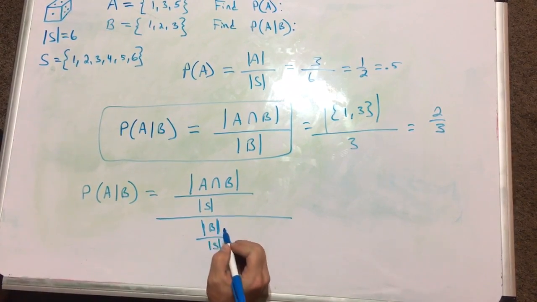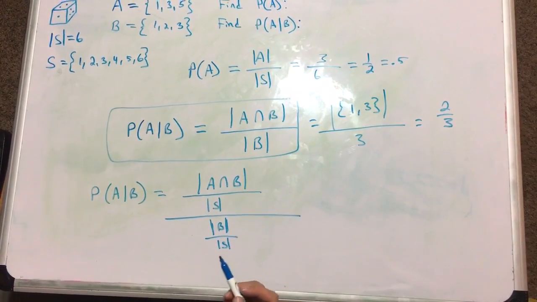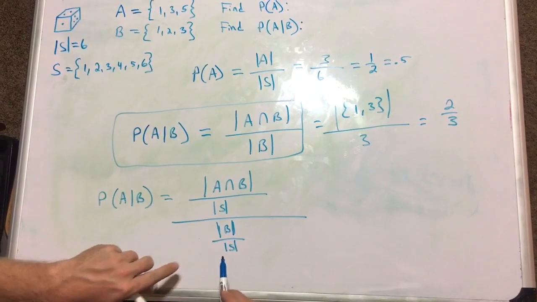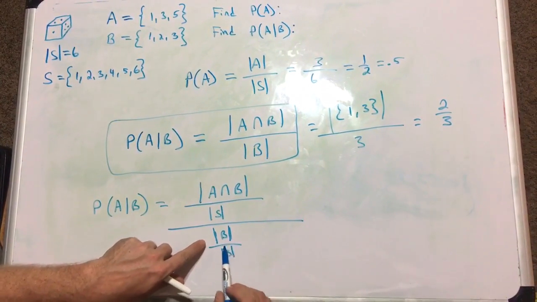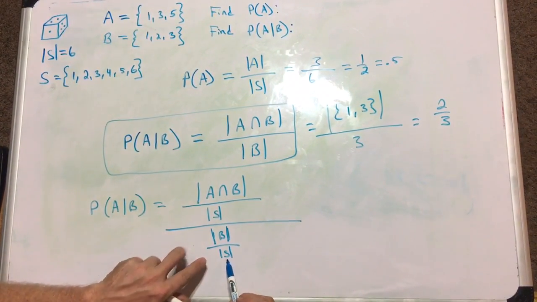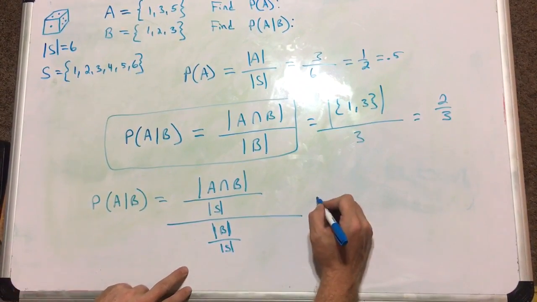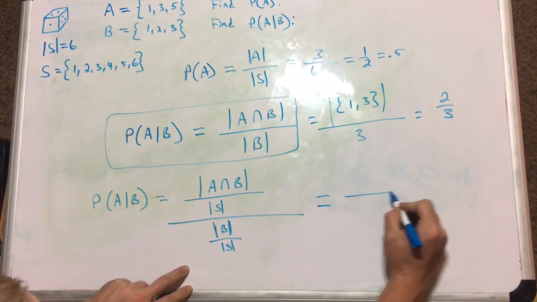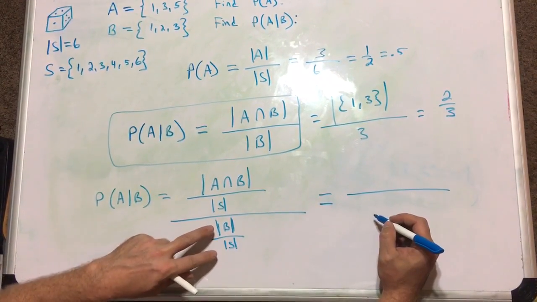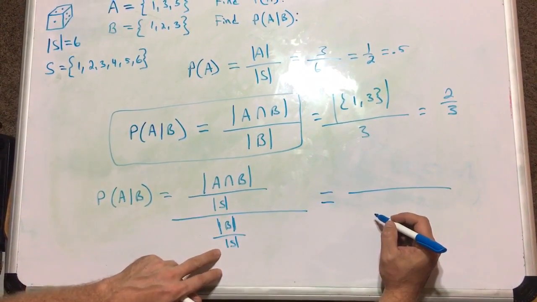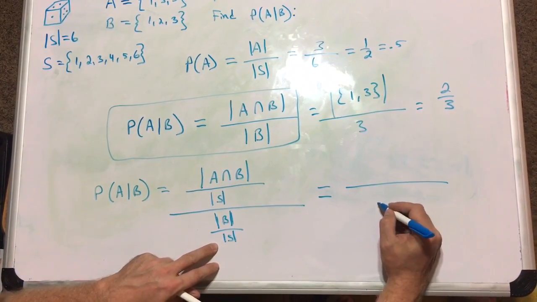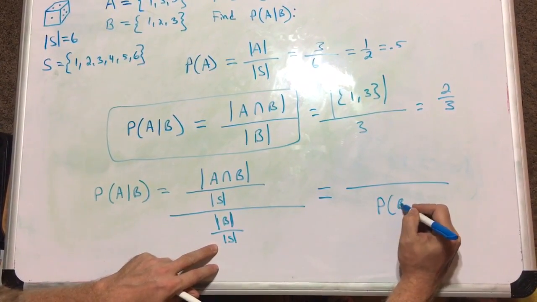I know it's hard to see. So what exactly is this now? What is the cardinality of B divided by the cardinality of S? Working with the denominator here, the cardinality of B divided by the cardinality of S is actually considered the probability that B occurs.